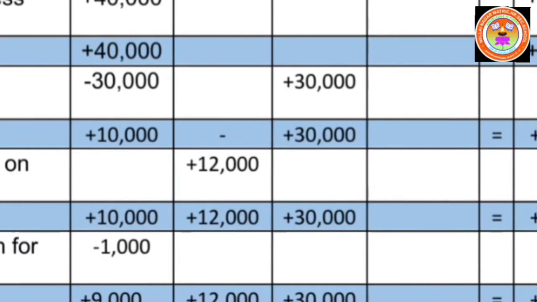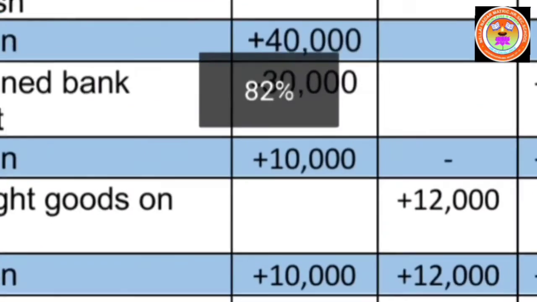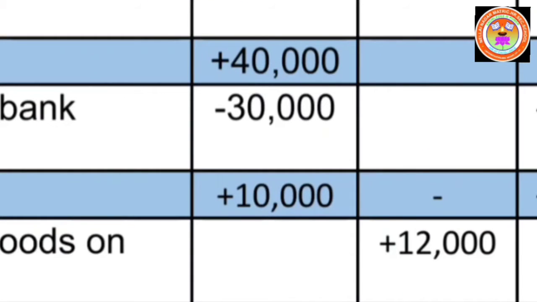After writing this amount, your next row is equation. Write again equation. Here you are going to do these adjustments. What are the adjustments? In the first equation column you have plus 40,000. After that there is an adjustment of minus 30,000.